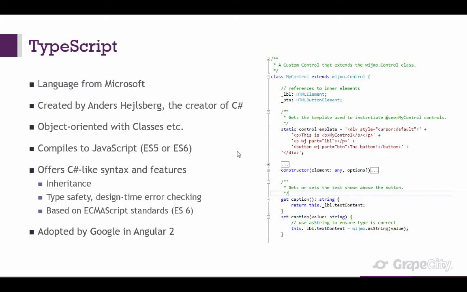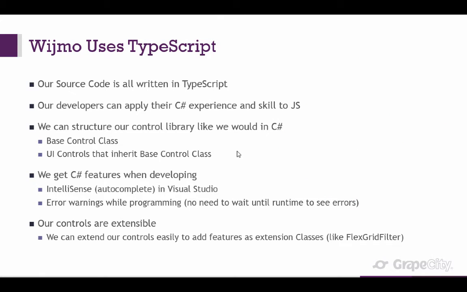And it's been adopted by Google for Angular 2, so that's really kind of a significant thing that happened, in that the Angular team was planning on having a similar language as TypeScript, but rather than write their own, they decided to just adopt TypeScript, and they have collaborated with Microsoft and added some features to it, which is nice. So it's not just something from Microsoft, it's something that Google and Microsoft are both investing heavily in. So it's definitely a technology that's going to be around for a while.